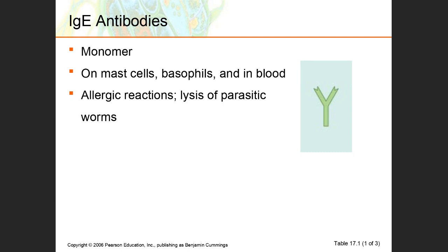So we have 5 types of antibodies, and typically antibodies are made in response to an antigen. But I do want to mention we do have some antibodies that are called natural antibodies, and what that means is they're actually always produced, regardless of whether an antigen is present to cause them to be produced.